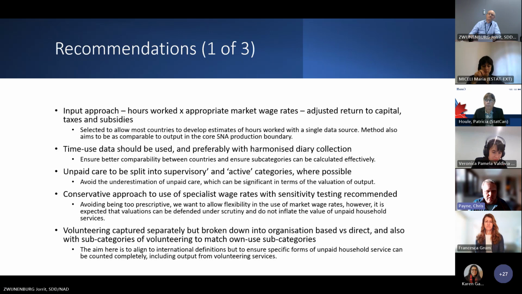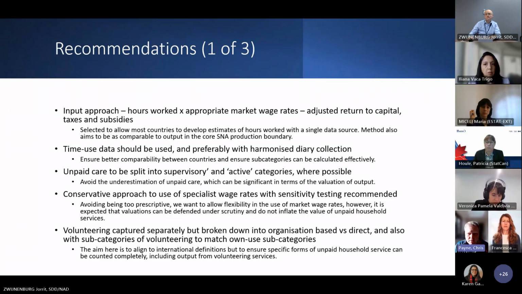And we recommended that volunteering should be captured separately, also, if possible, broken down into organization-based versus direct volunteering, and where direct volunteering might fall into similar subcategories of activity as childcare, adult care, and so on.